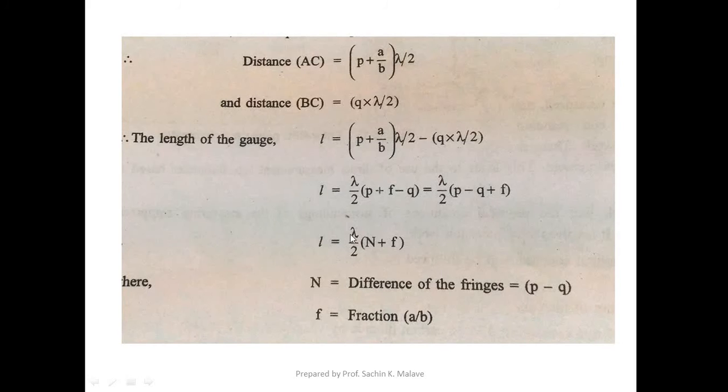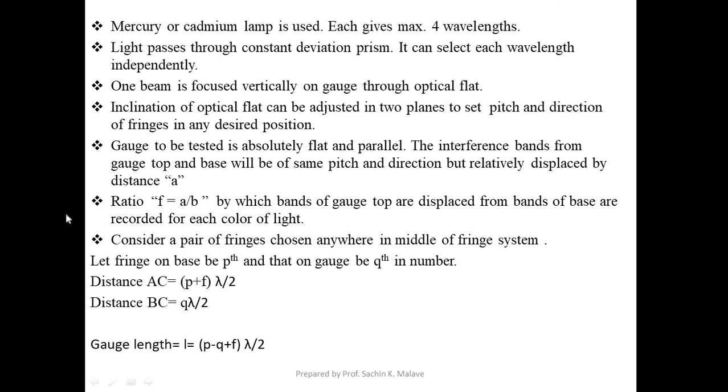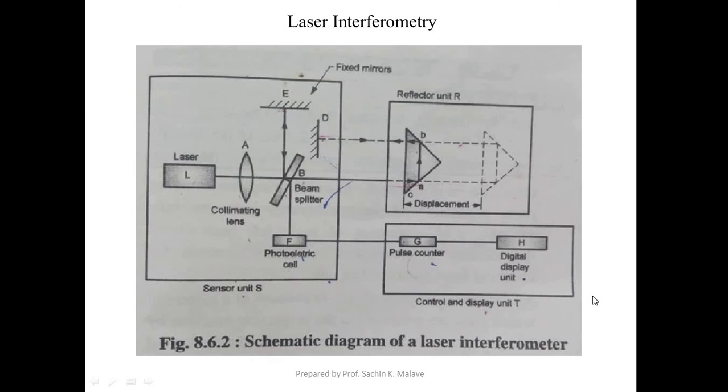So you can easily find out this distance. So in this way we can calculate the length of the gauge. So whatever we have discussed is written over here, that same explanation is there, so that we can easily find out.